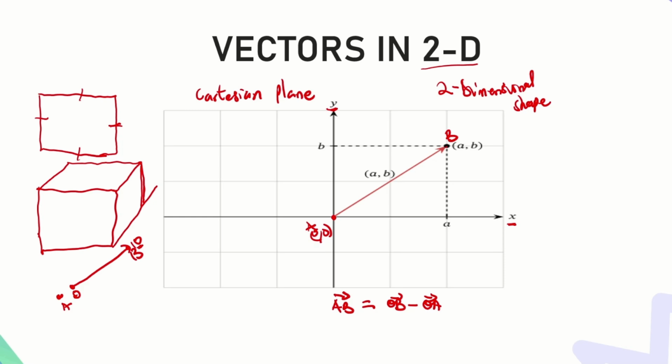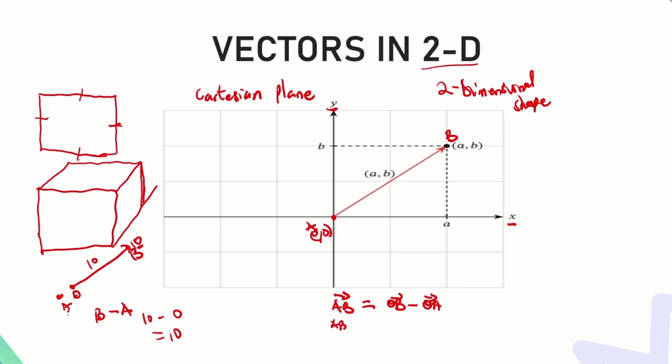If you want to find the length from A to B, or the vector from A to B, isn't it appropriate that you subtract A from B? So B minus A, because 10 minus 0 gives us 10, which is the magnitude AB. That is why, when we are representing vectors, we say AB is OB minus OA.